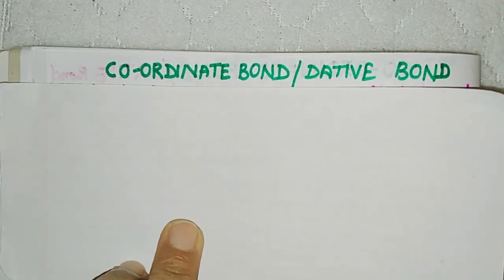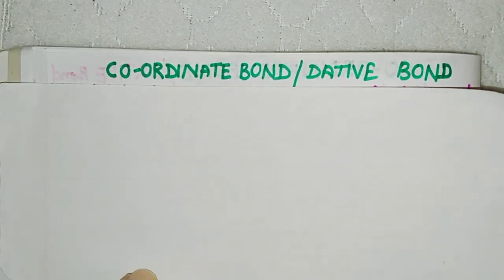Welcome students. So far we have learnt that a covalent bond is formed by mutual sharing of an equal number of electrons. However, in some special cases of covalent bond, the shared pair of electrons is contributed by only one of the combining atoms. Such a type of covalent bond is called a coordinate bond.